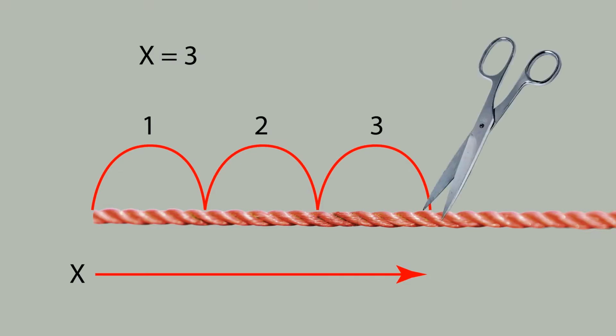And I need to be able to give you the correct information so you'll know the right place to cut. I could tell you X equals 3, and you'll know that you would start at the beginning of the string and measure over 1, 2, 3 units, and you could cut there and deliver the exact right length of string.